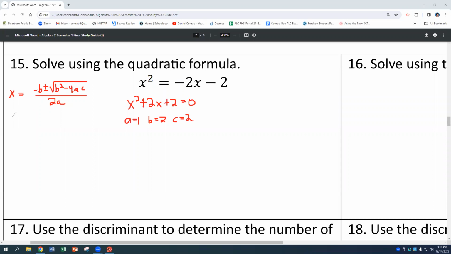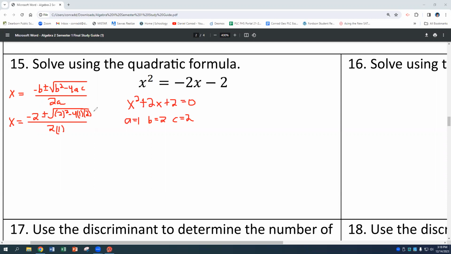Okay, so for us in this particular situation, we're going to get negative 2 plus or minus 2 squared minus 4 times 1 times 2 all over 2 times 1. Okay, 2 squared is 4.